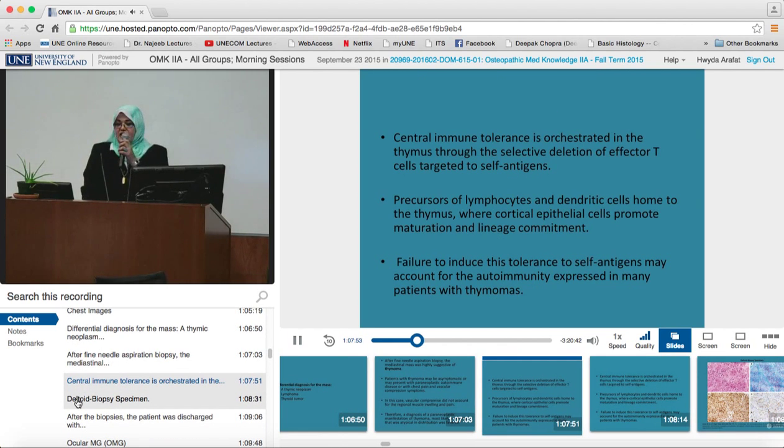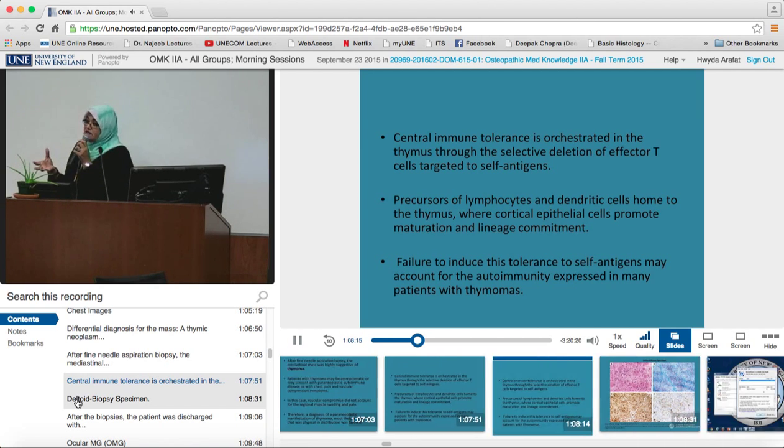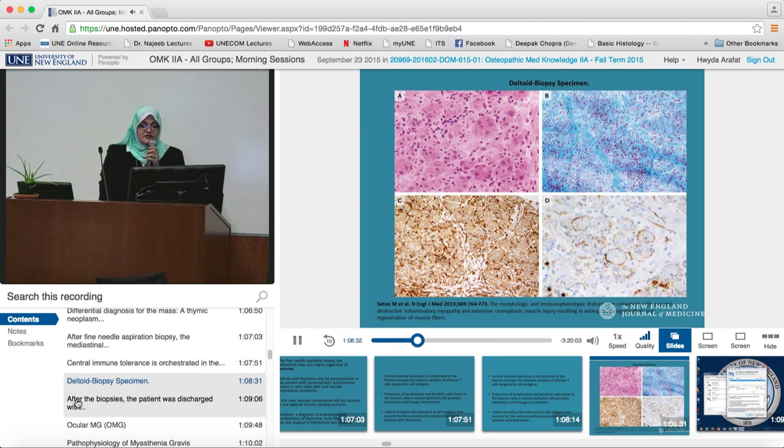You know the thymus has a role in immune tolerance, whereby the T cells that are reactive to self-antigens are deleted. It's not really known why, at a certain age in certain individuals, this mechanism fails with the enlargement of the thymus gland.